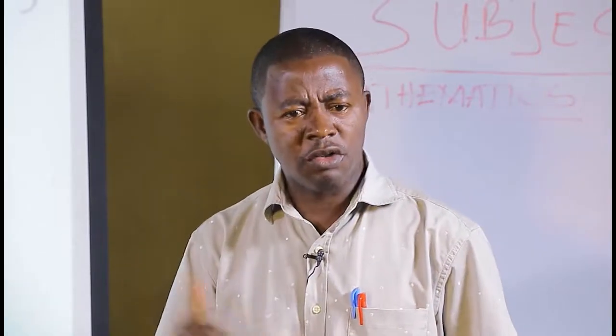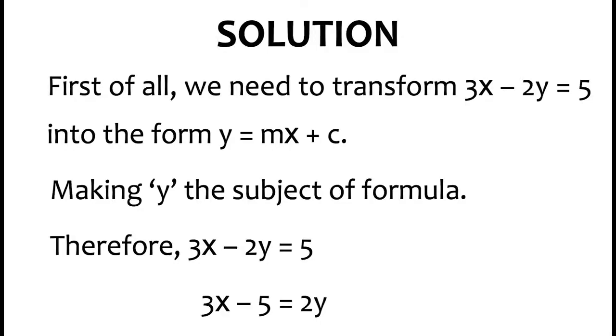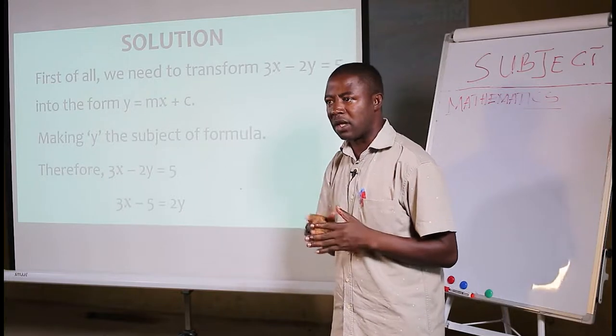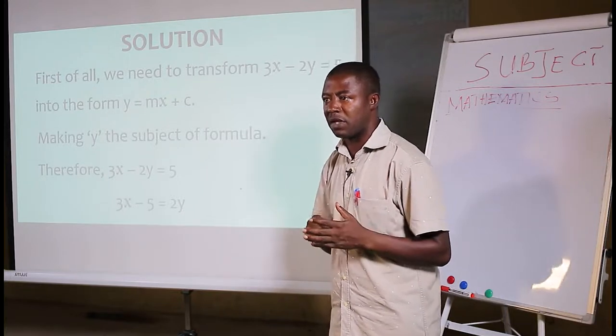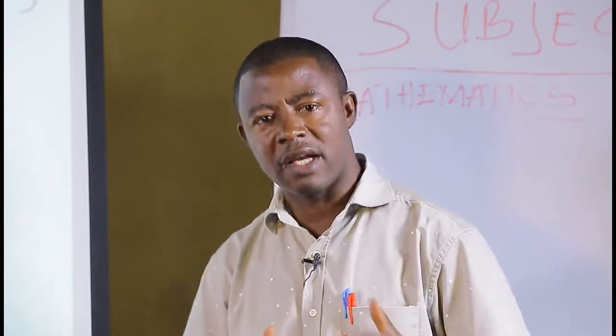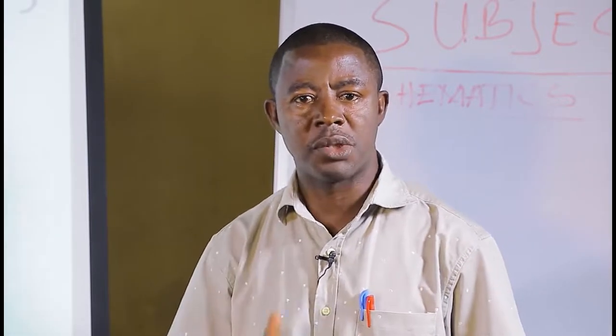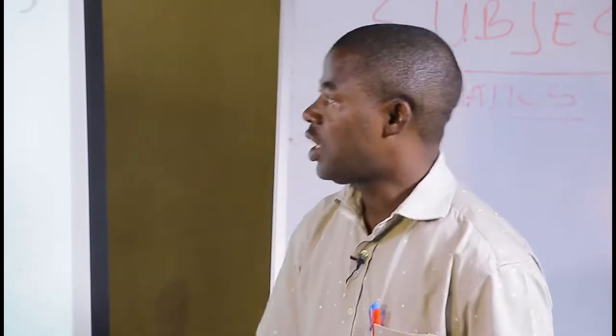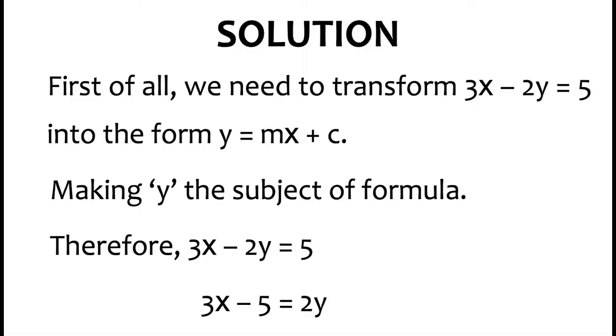But for us to solve this, we need to transform the given equation, 3x minus 2y equals 5, making sure that y becomes the subject of the formula. We do this because the equation of a line in intercept form is y equals mx plus c.